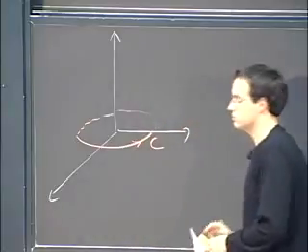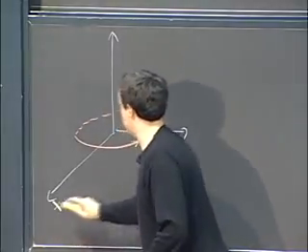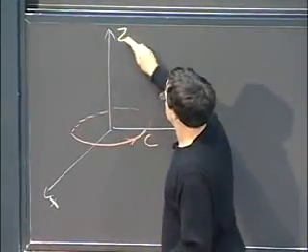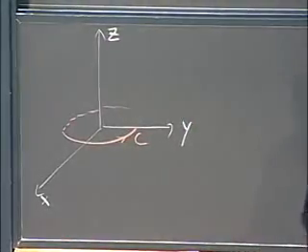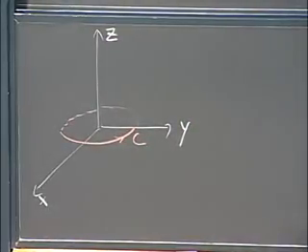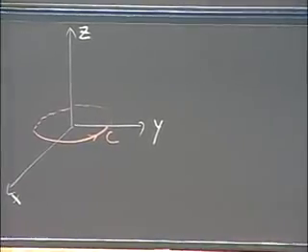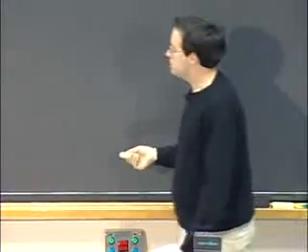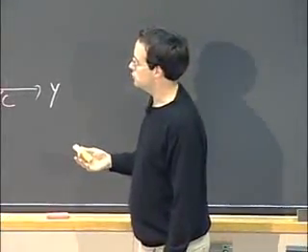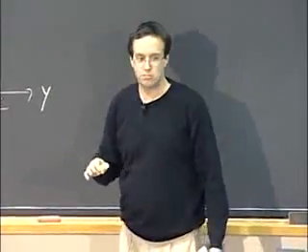Of course, I can set up the line integral directly and compute it by setting x equals cosine t, y equals sine t, z equals 0. But maybe sometimes I don't want to do that because my vector field is really complicated.